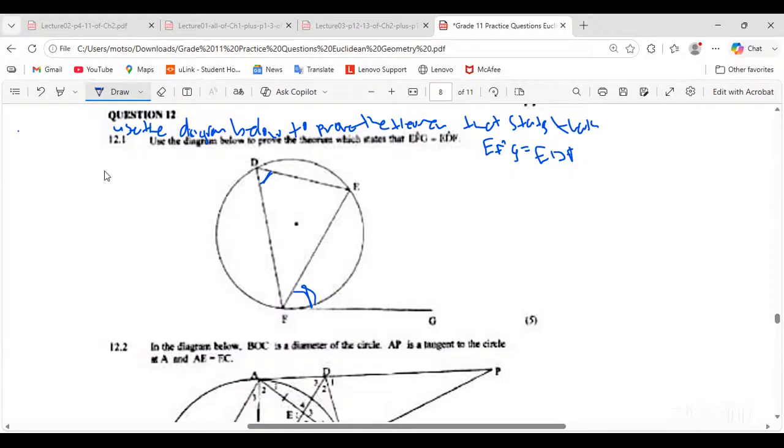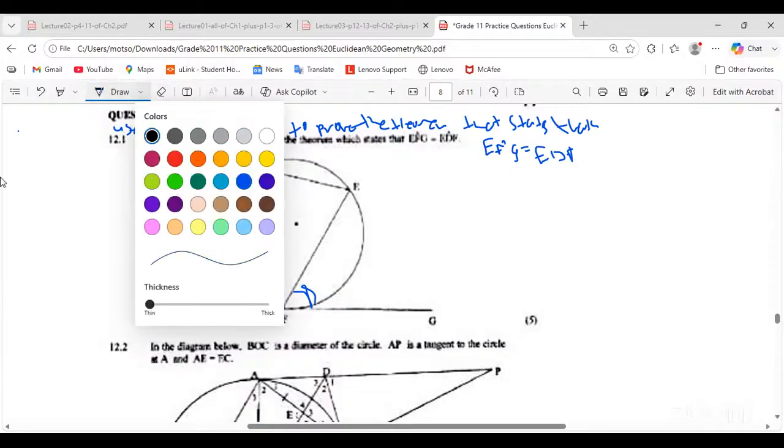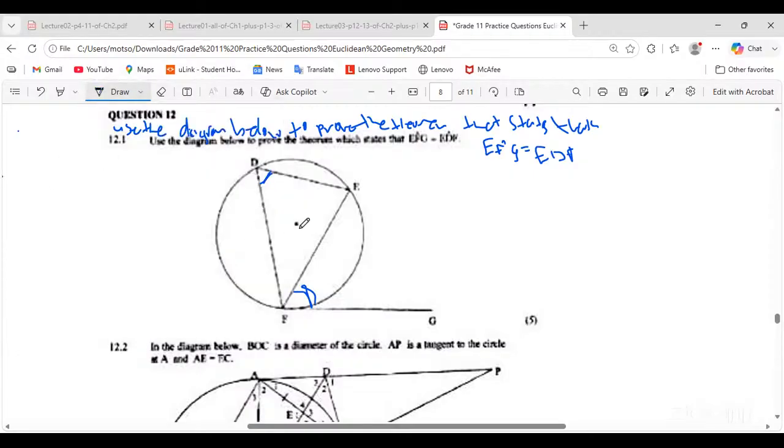In order for you to prove the tan chord theorem, you are given the center there. You will have to construct the diameter. The diameter passes through the center. It goes there. Now, this diameter that we have drawn, you join it with that angle there that forms this tan chord of ours.